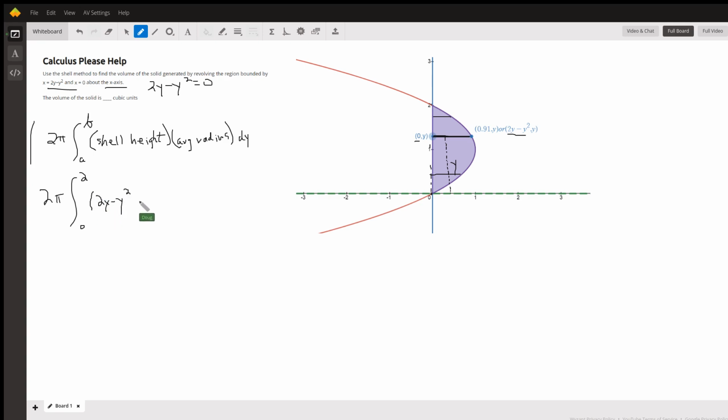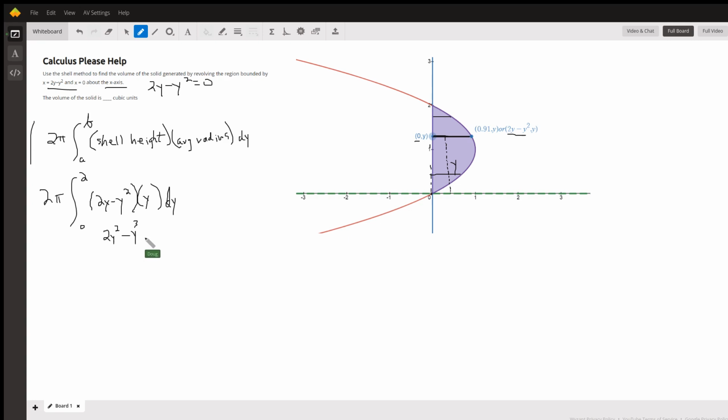Take away 0, which I don't have to show, times the radius of the shell, which is y, and dy because we're integrating along the y-axis. Okay, now you can distribute the y and get 2y squared minus y cubed.